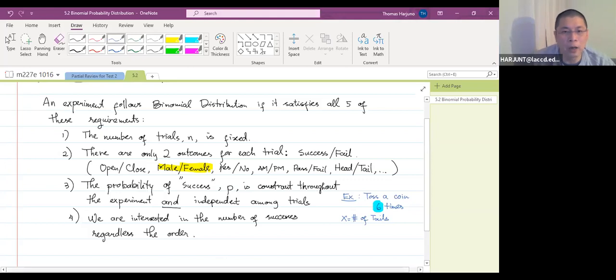And the last one is the probability of success. I happened to say 2 of them in the same number, so let me change it to 4. The third one actually has 2: the probability of success is constant and independent among trials.